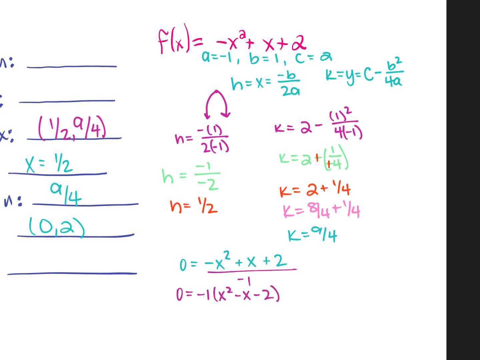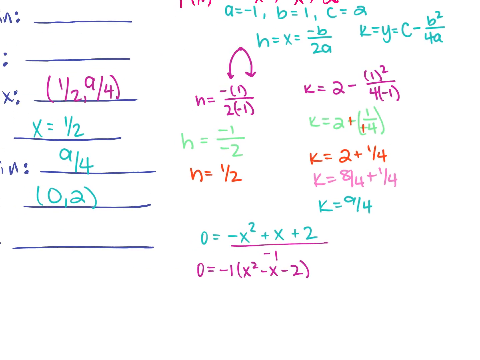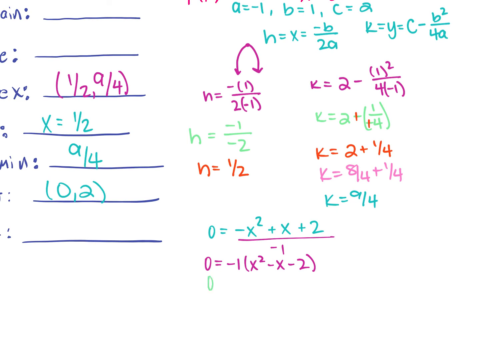Well, your factors of negative 2 that add up to be negative 1. 1 and negative 2 give you negative 1 when you combine them. So that's x plus 1 times x minus 2. Set all three parts of this, since it's factored completely, equal to 0.